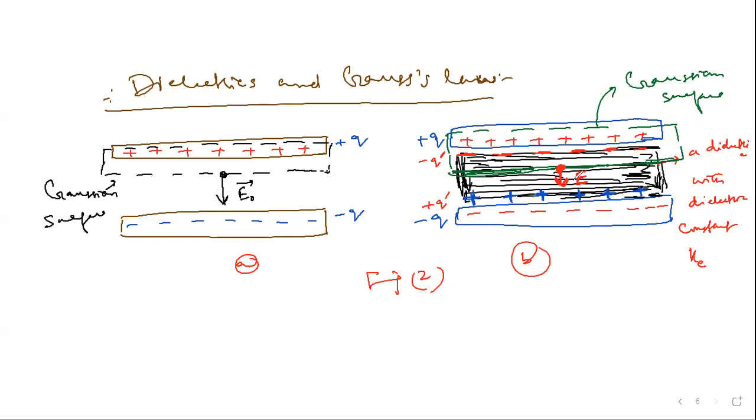Now, if no dielectric is present, that is figure 2a, we have no dielectric in this figure. Gauss's law gives, apply Gauss's law.